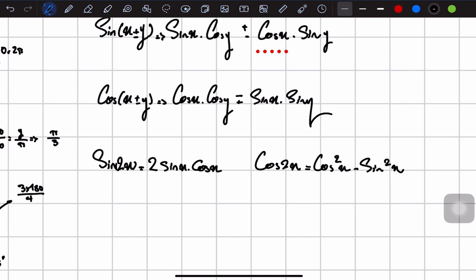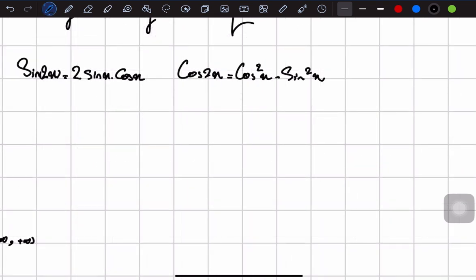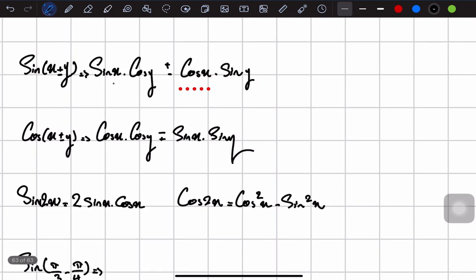So now, to give you guys an example, let's say sine of pi over 3 minus pi over 4. How should we approach this one? As we said before, we have to use the formulas because we can't just separate them.